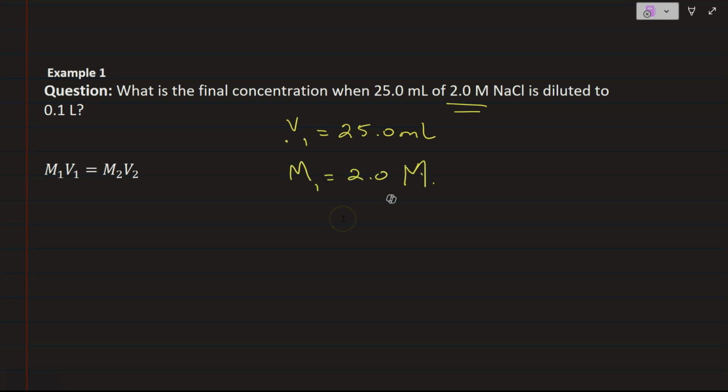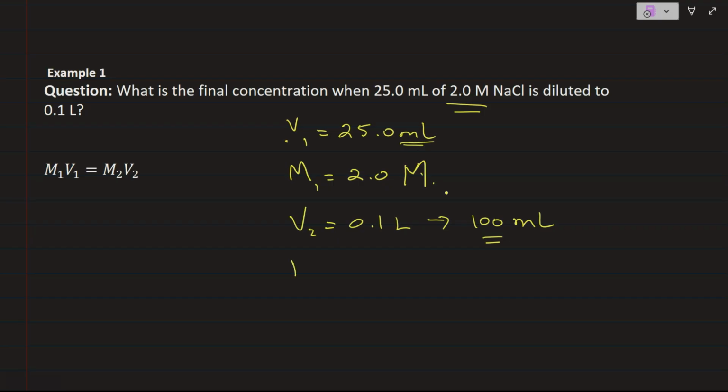M1 is equal to 2.0 molar, and that's for NaCl. And now V2 is 0.1 liter, but because we have milliliter, we need to change that to milliliter. So that would be 100 milliliter. You just have to multiply by 1000. Unit conversion, I know that you know how to do this.